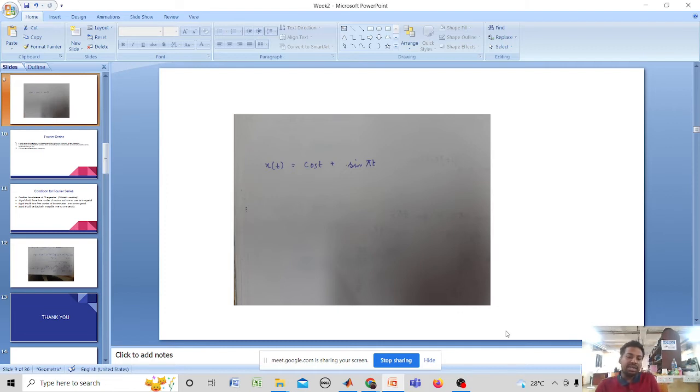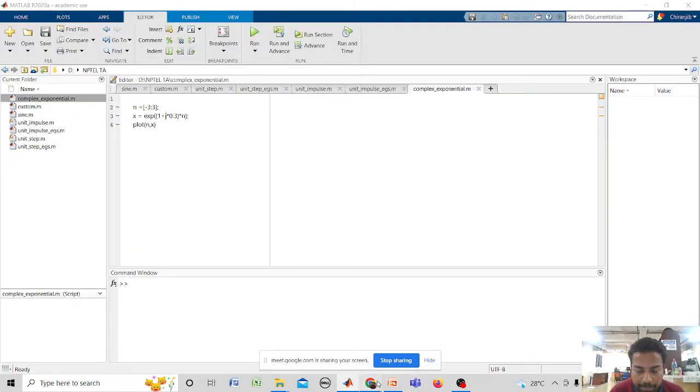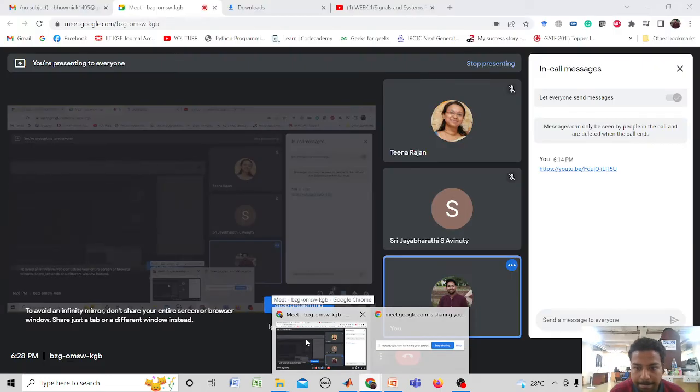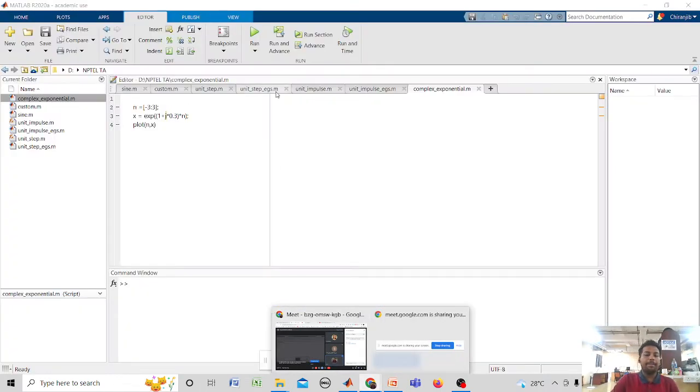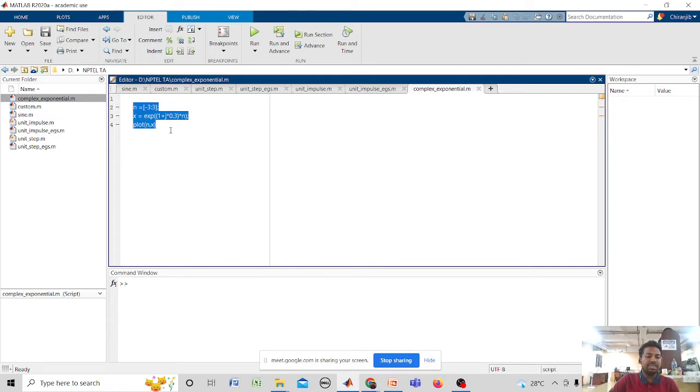Now let us look into a MATLAB visualization for a complex exponential function. Before looking into it, as I have talked about the unit step, and maybe you are interested in seeing the unit step function, let us study this first.